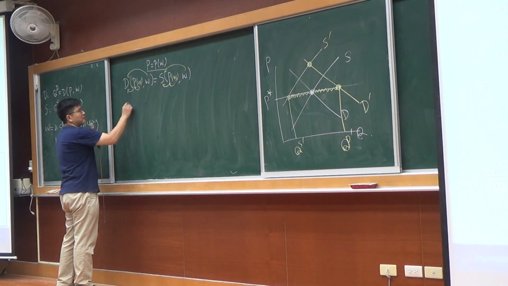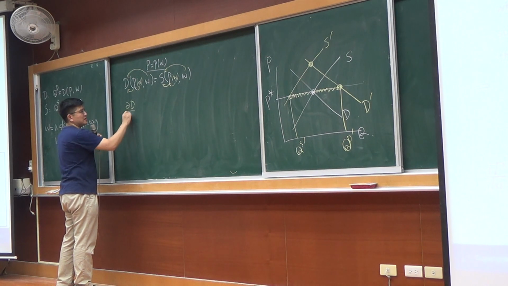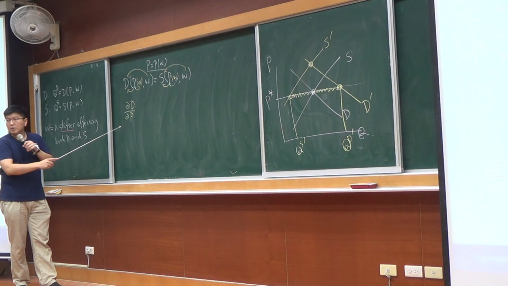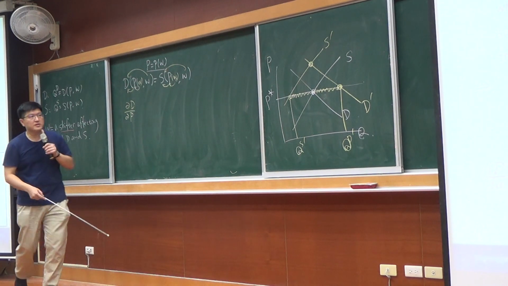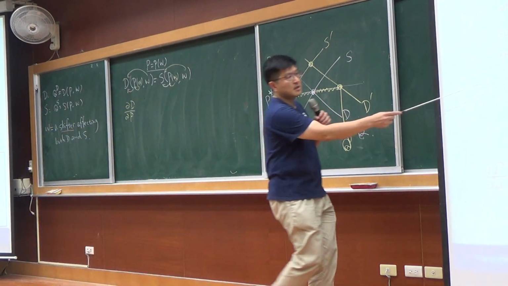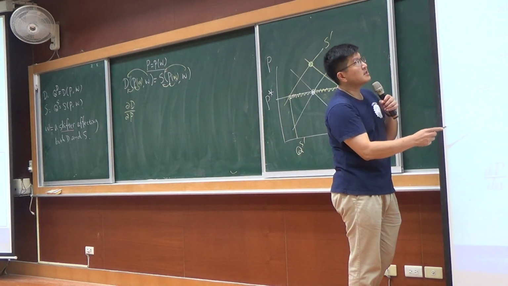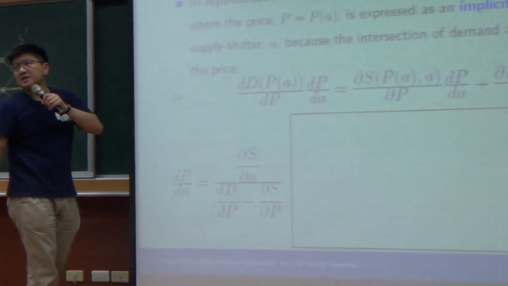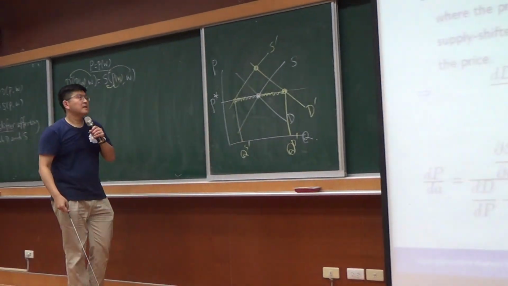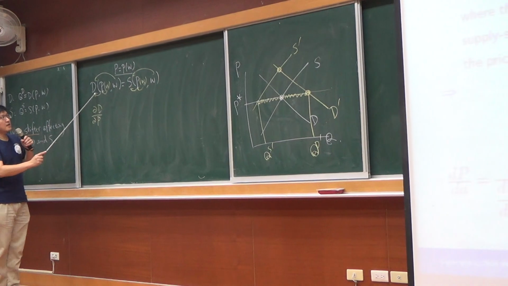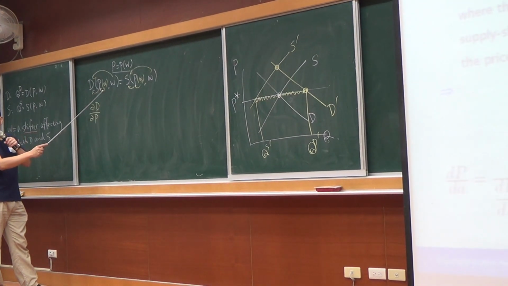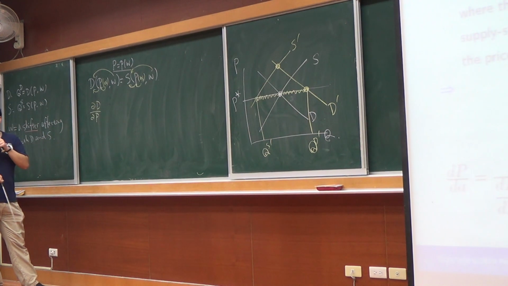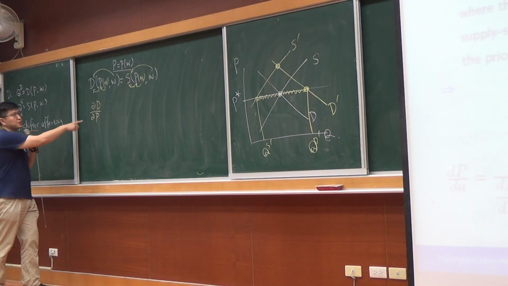It would be partial D, partial P. Please note that now here we use partial rather than D. Because in this case, quantity demanded is not affected by P only, but by W as well. So we use partial.